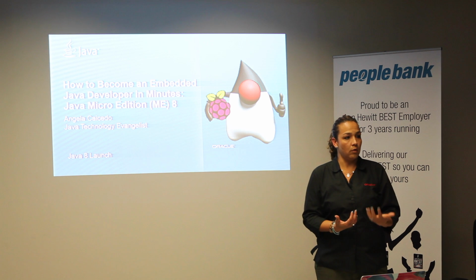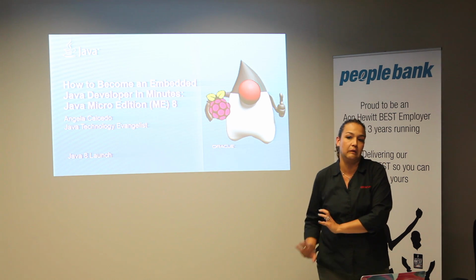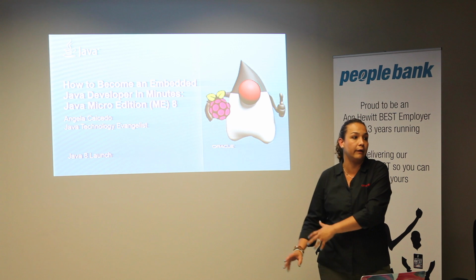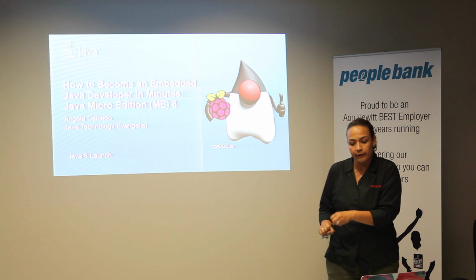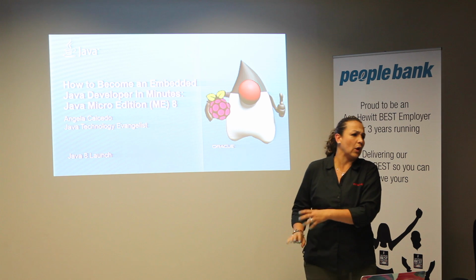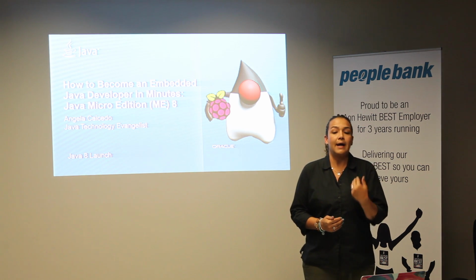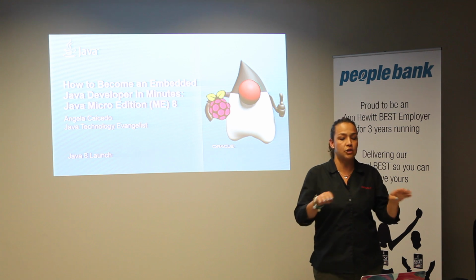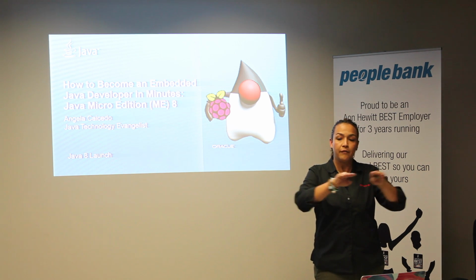Before, if you studied Java ME, it was a different platform, this little thing that ran on low power devices or the old phones and stuff like that. Now with Java 8, we made sure that the platform is aligned.